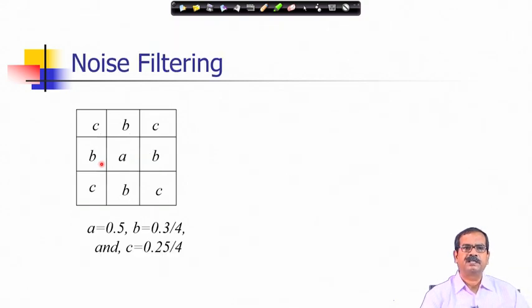One example of this kind of filtering is noise filtering, where the mask values are shown here. You can see that every value is positive, and it is a weighted combination of the neighboring values. Finally, the sum of all these weights is equal to 1.